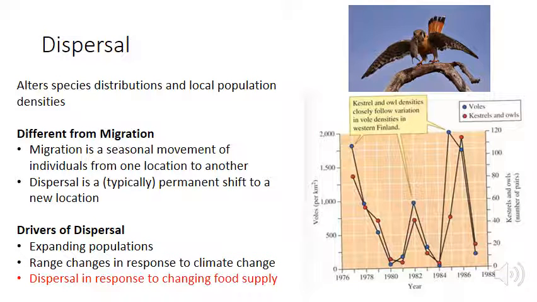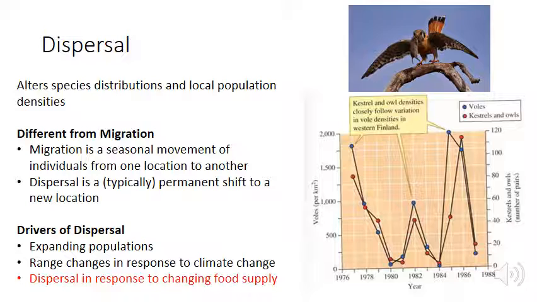The third driver for dispersal of populations is a response to changing food supply. The example you can see on the right now is the relationship between voles and kestrels, so predatory birds, in some sites in western Finland. The graph on the bottom shows these massive variations in populations of both voles and kestrels over time.